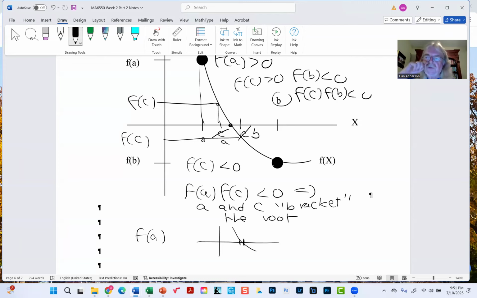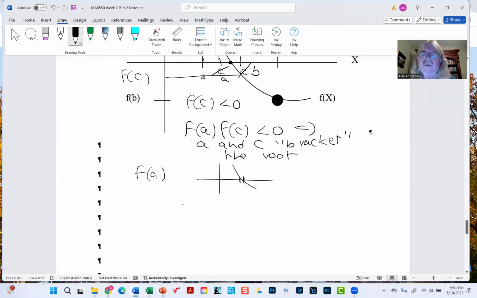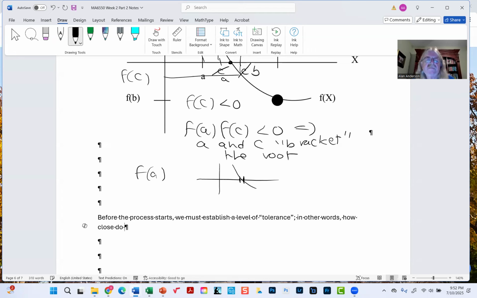And now, of course, it'll never perfectly line up here. I mean, there will always be some inaccuracy. So before the process starts, we must establish what's called a level of tolerance, which simply means how close do we need to be to the true root, or yield in this case, to be acceptable.